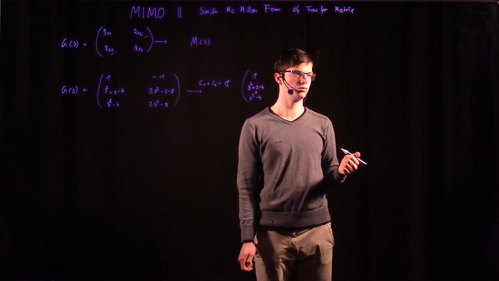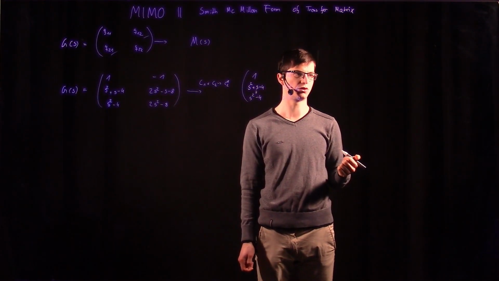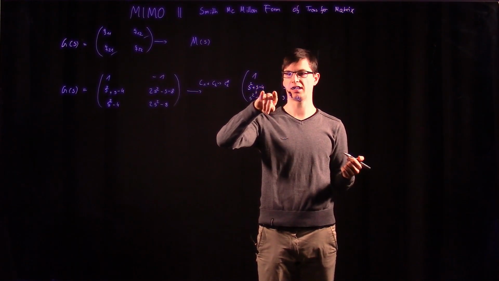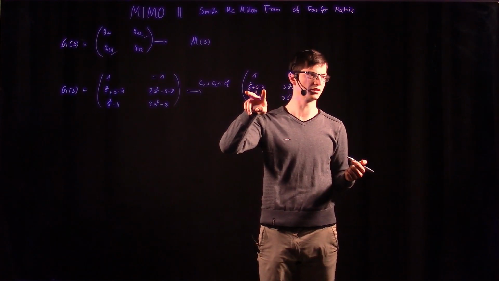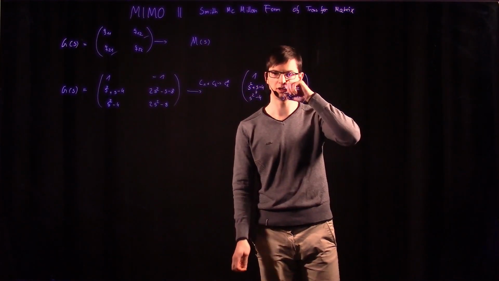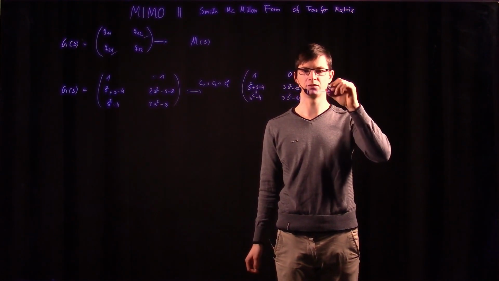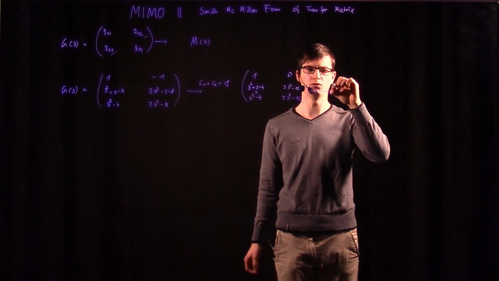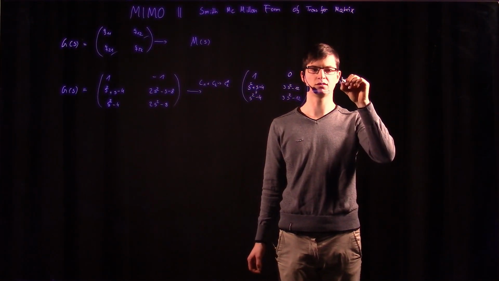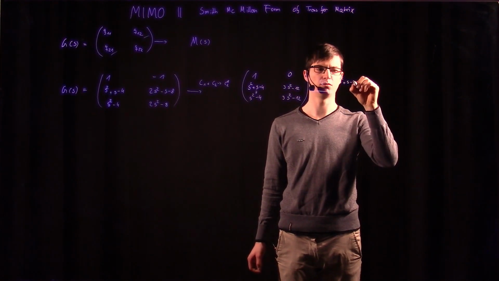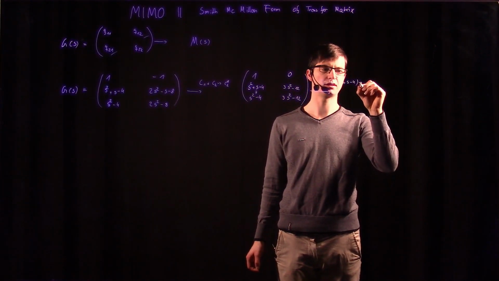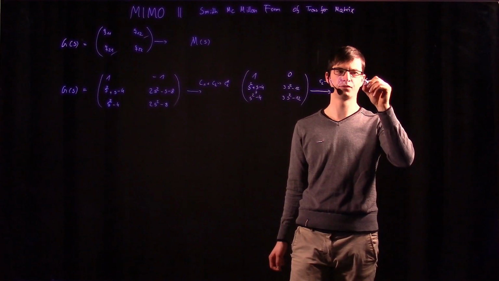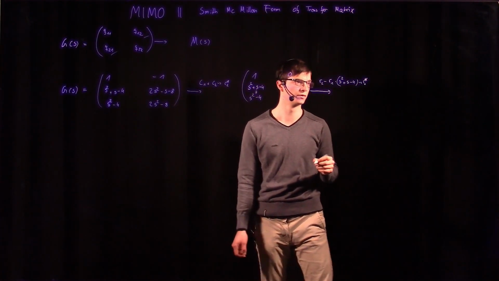The next thing we do is subtract from row 2 row 1 times the part that stays in here. So we say row 2 minus row 1 times s squared plus s minus 4, and we assign that to the new row 2.